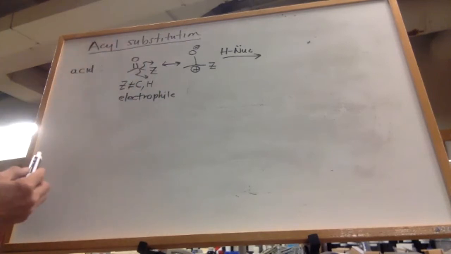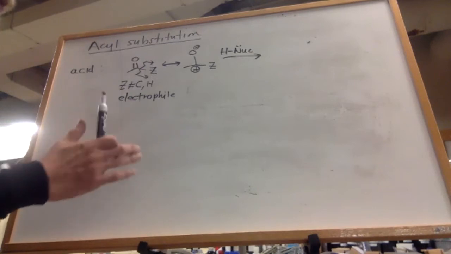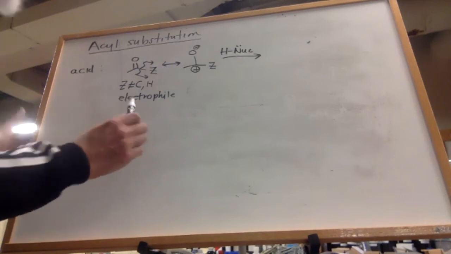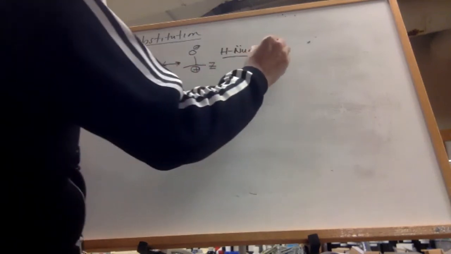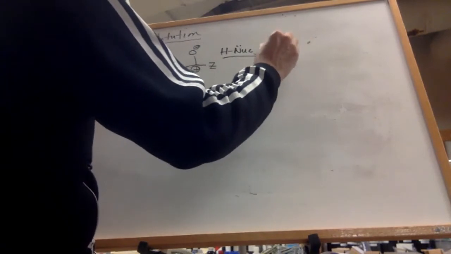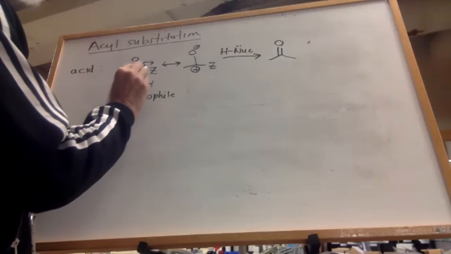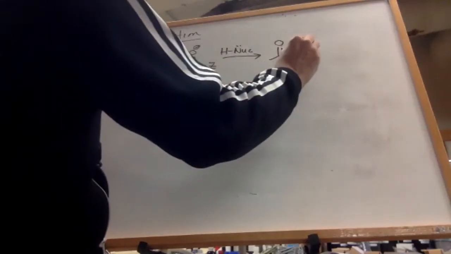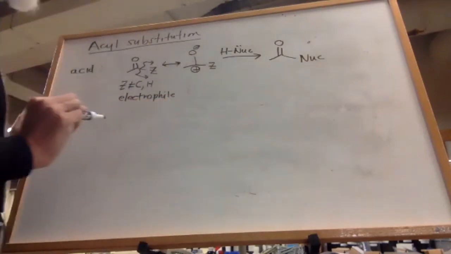The nucleophile takes its place, and in the mechanism, which we will see later, there's a proton transfer. Anyway, the final product here is that the thing that is not carbon and not hydrogen has gone away, and its place has been taken by the nucleophile.